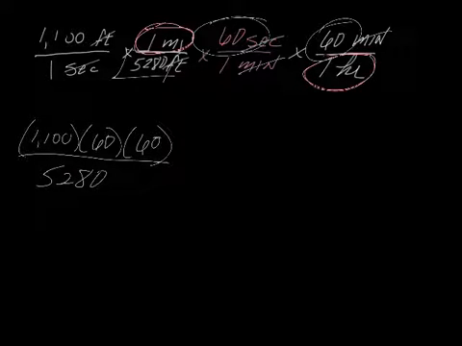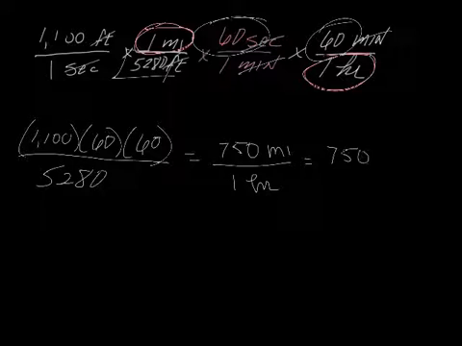And then the rest of the numbers in the denominator are ones. So at this point I'm done. So I'm going to multiply 1,100 times 60 times 60, and then divide that number by 5,280, and I get 750 miles per hour.